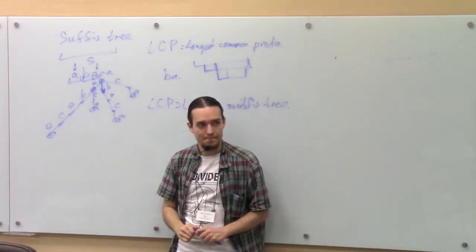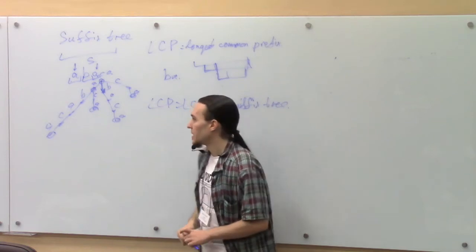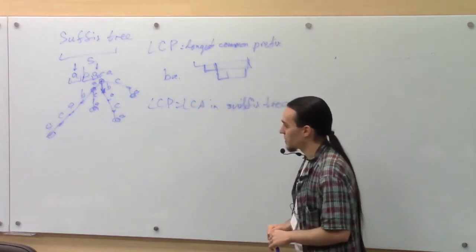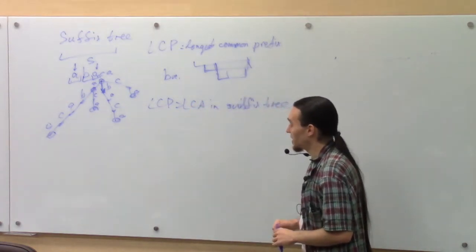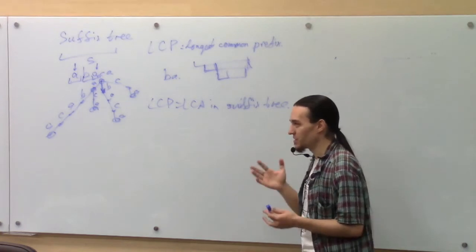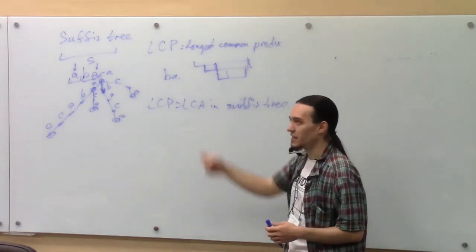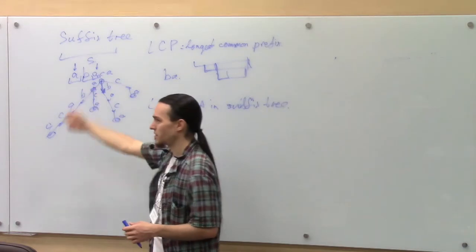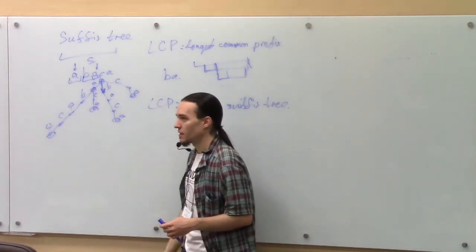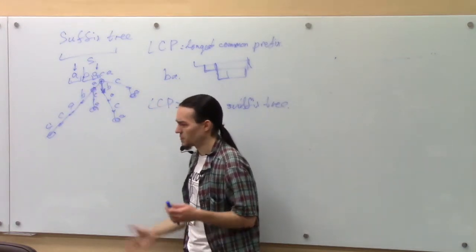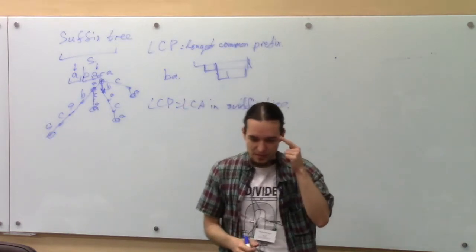Okay. So the moral is, if it's a problem about substrings, then probably it is some problem concerned with something happening inside the tree.